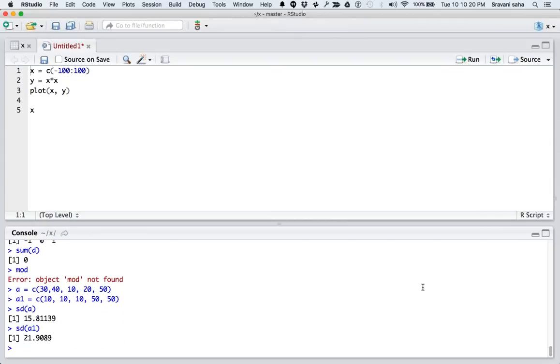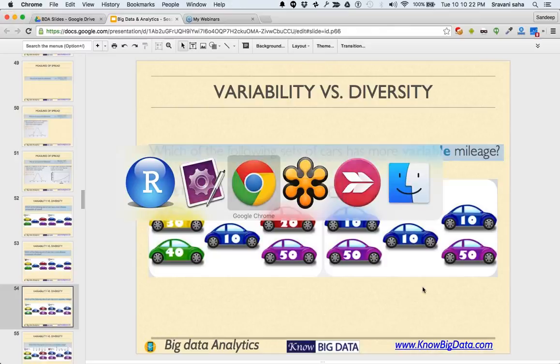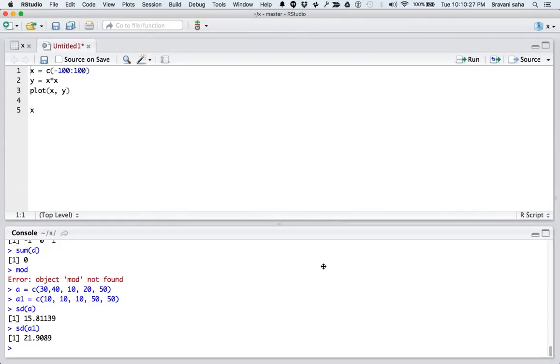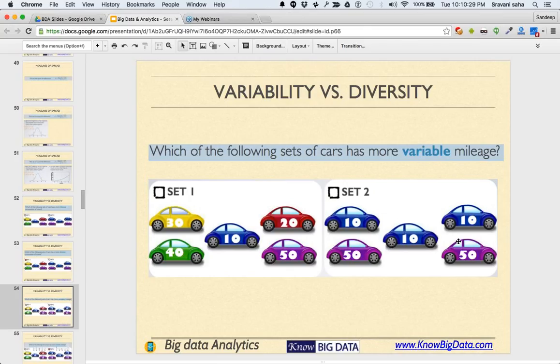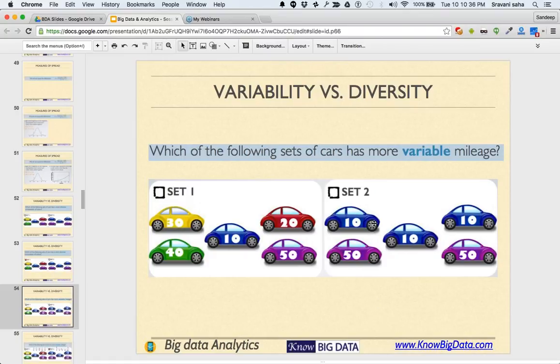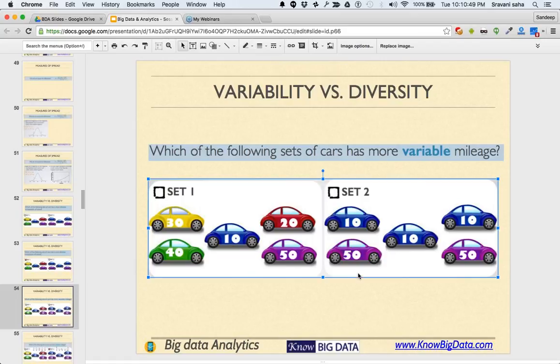You can see that in the second one, the A1 part, the variability is greater, because these values exist far away from the average. Both the 10, 10, 10 and the 50, 50 are far away from the median.